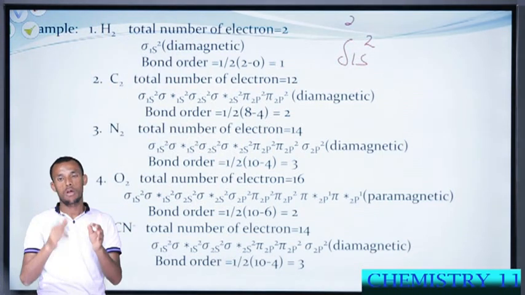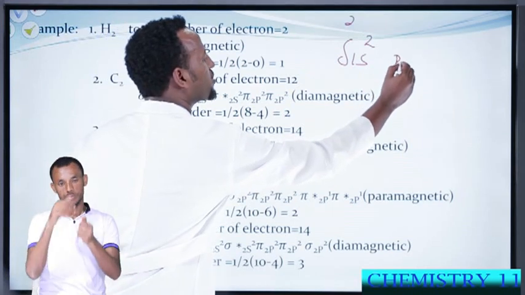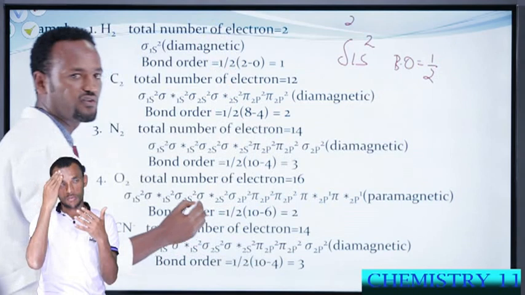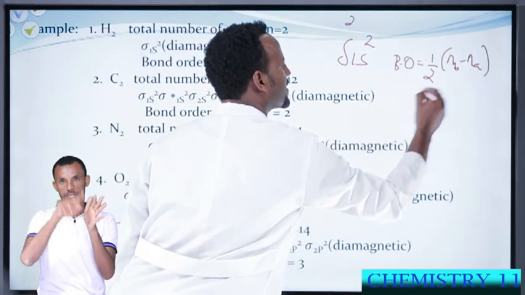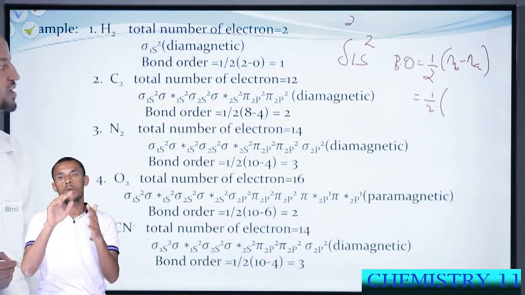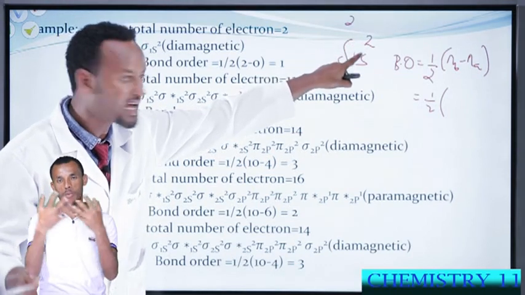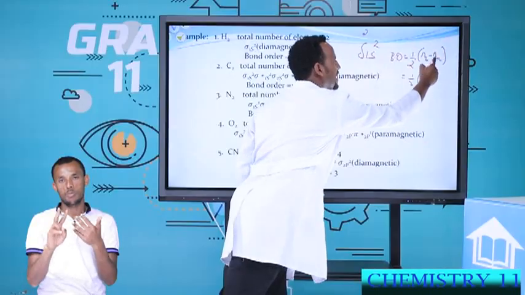The other one is bond order. Bond order is equal to half of Nb minus Na. What is b? Bonding electrons. How many bonding electrons? Is this bonding or anti-bonding? Because there is no star, it is bonding. The bonding electron is 2. 2 minus anti-bonding.